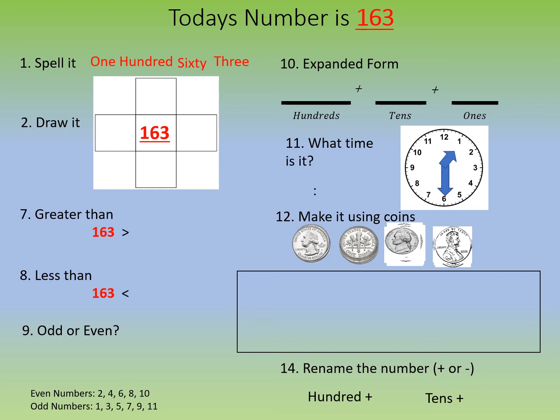How much is 10 less than 163? Write your answer in your box on your paper. 10 less than 163 is 153. Excellent. If you notice, the only number that changed was the middle number, the one that was in the tens column.